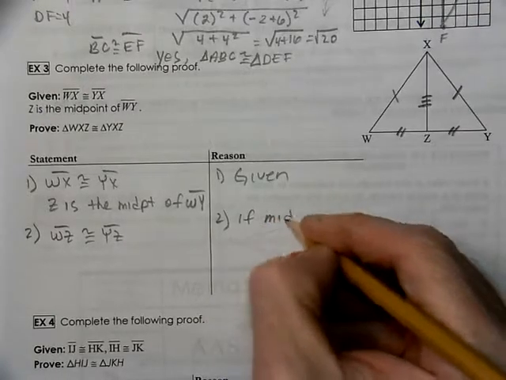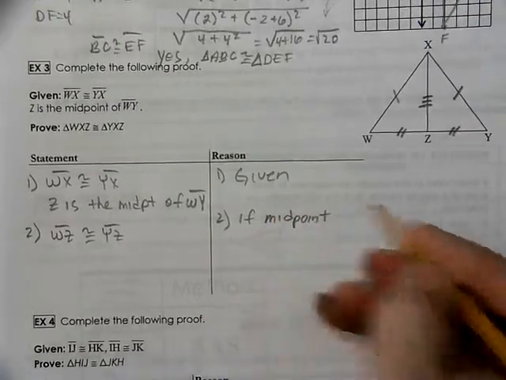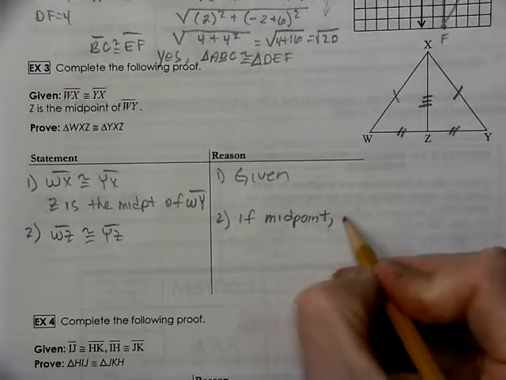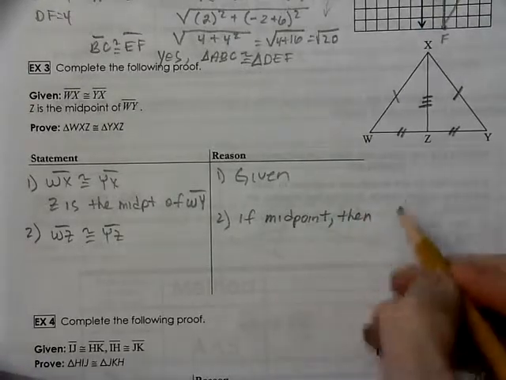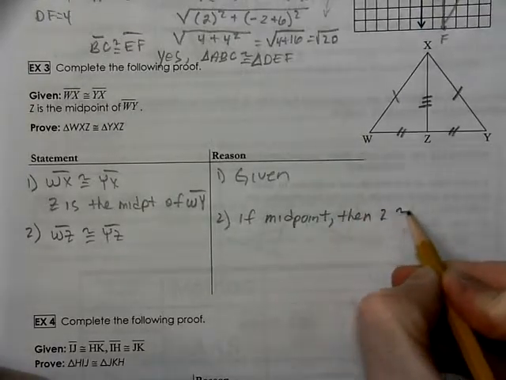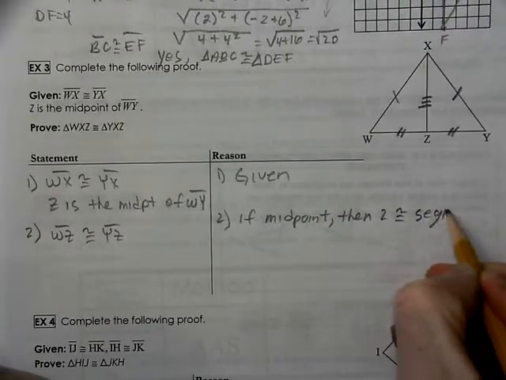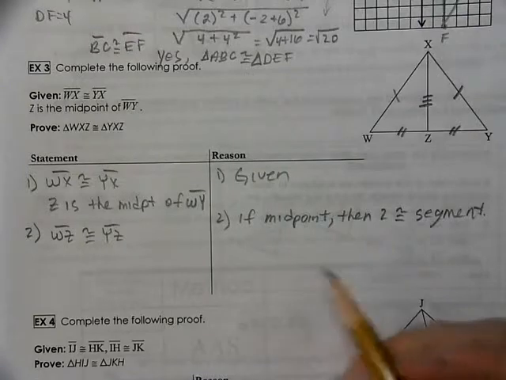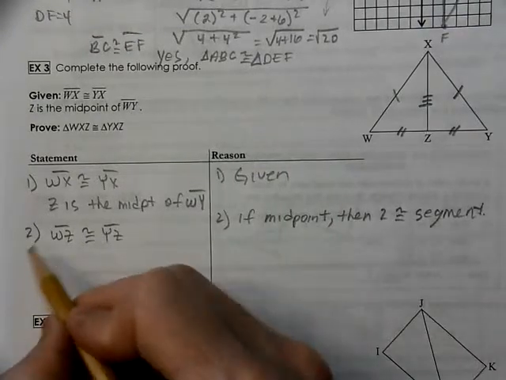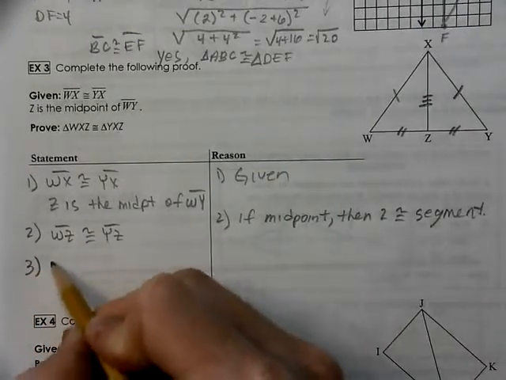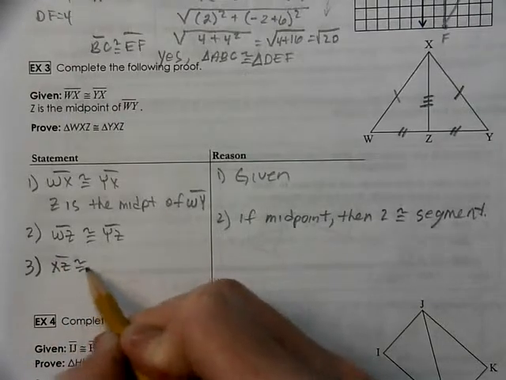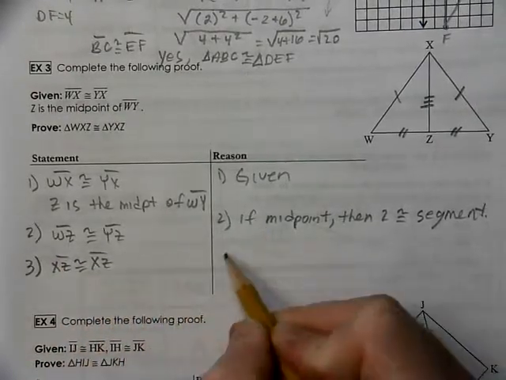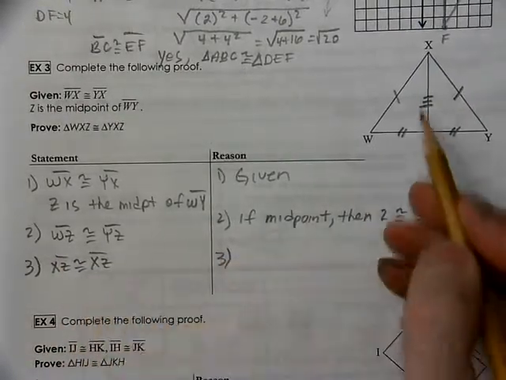If we have a midpoint, then two congruent segments will be formed whenever you have a midpoint. We also have the reflexive property of equality, which makes those segments the same.